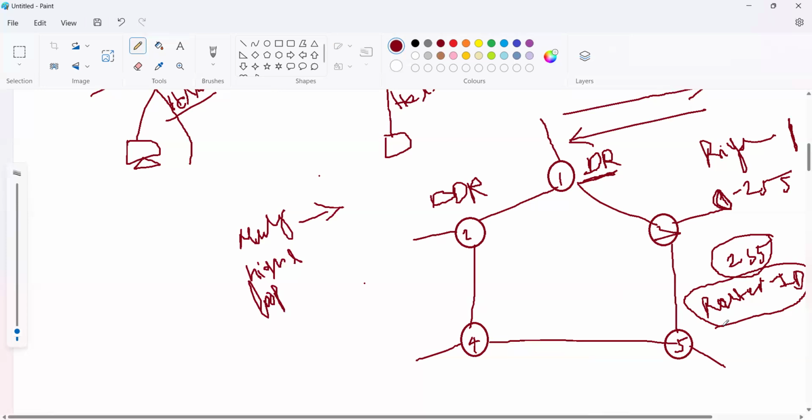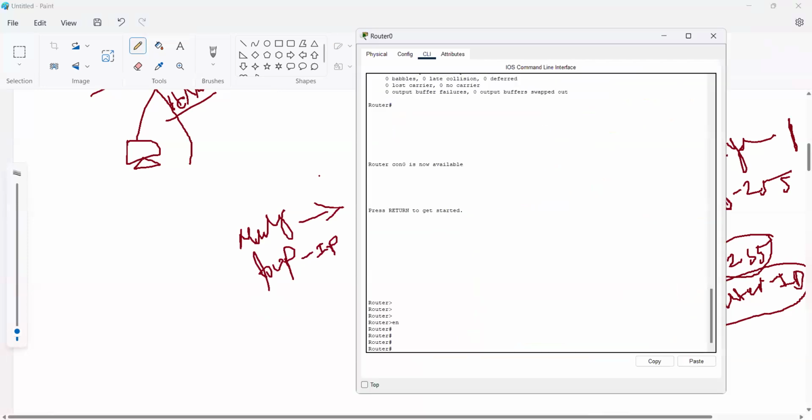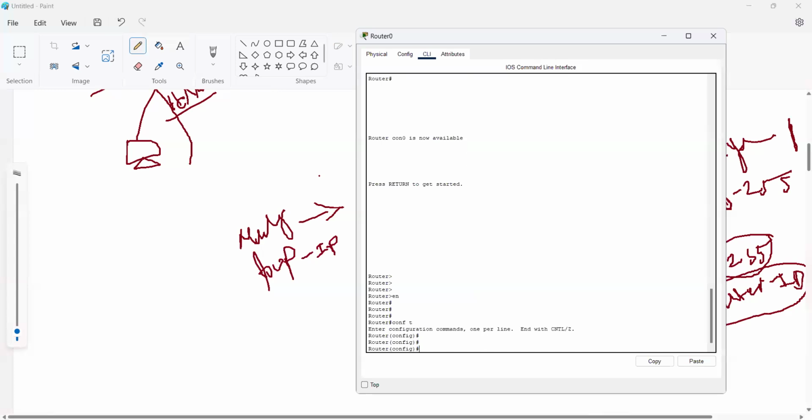First, it will check the loopback IP address. What is a loopback IP? It is a virtual interface. A virtual IP address means we can configure it on any interface. Just move to config terminal, then interface loopback and give any number here.